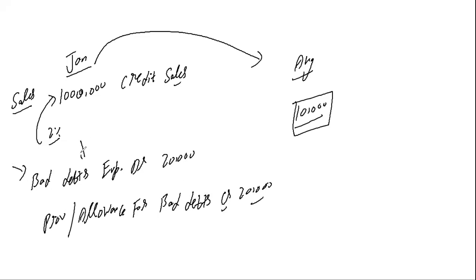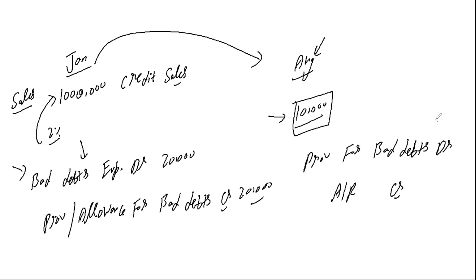See, we kept the provision here, say in the month of August, you are fully confirmed that you need to write off this much amount. So which entry you will pass? You will say provision for bad debts, debit, and account receivable, credit with this much amount, 10,000.